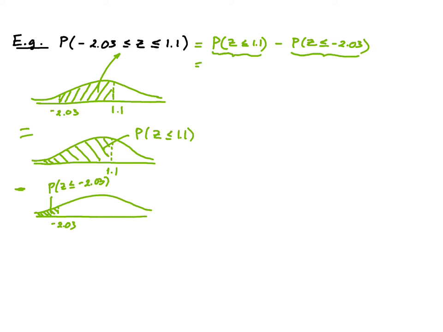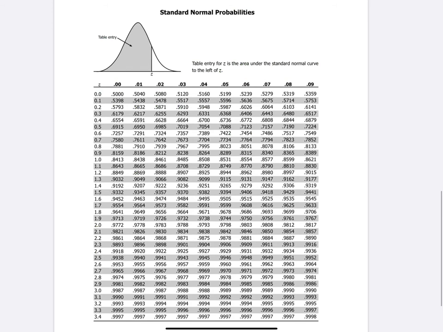So we want to find the probability that z is less than or equal to 1.1. So let's go to the positive side of the table. So for the probability that z is less than or equal to 1.1, we can write 1.1 as 1.10. So the first part is 1.1 and the second part of this value is 0.00.